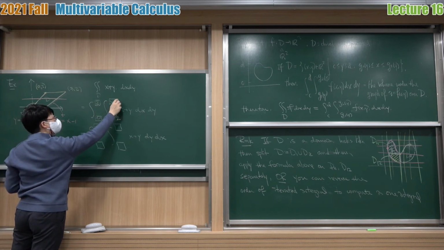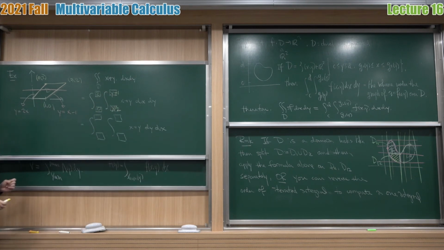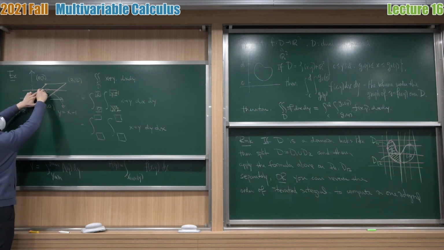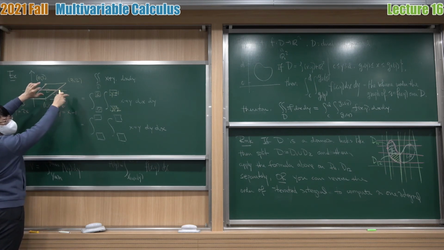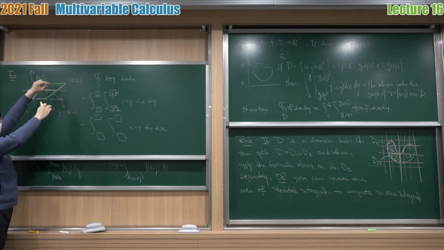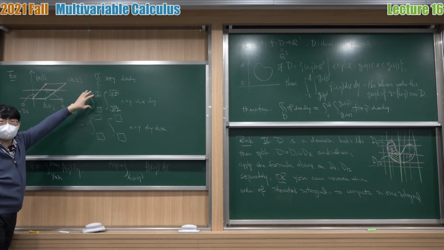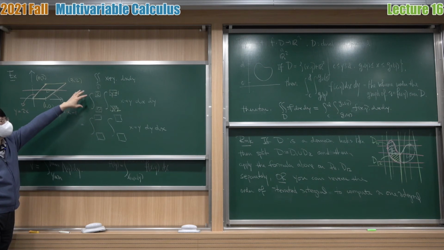Right. Now, that's it, right? So we don't have to worry about whether this line stays in D or not, because it always stays in D. Okay? So this will give the proper volume under the graph of the function x plus y.